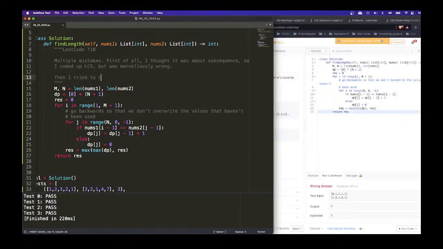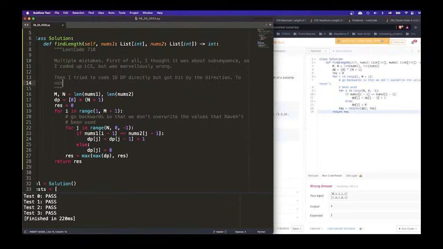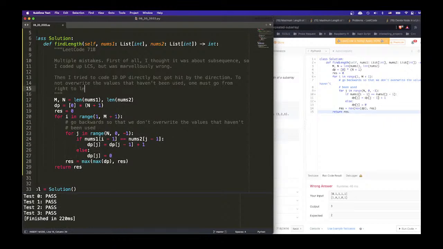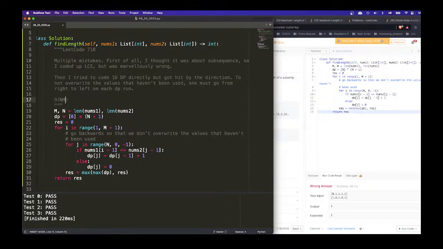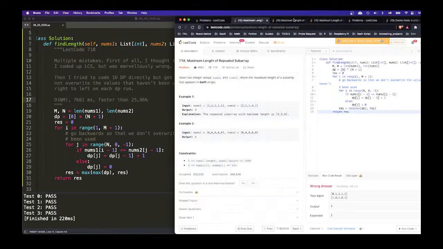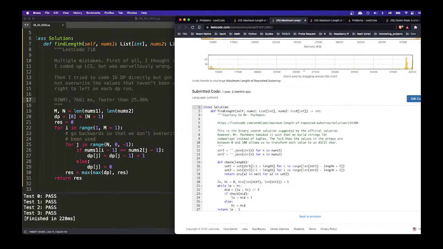Then I tried to code 1D DP directly, but got hit by the direction to not overwrite the values that haven't been used. One must go from right to left on each DP run. But other than that, it's basically the same. All right, let's see. This is 55 test cases.